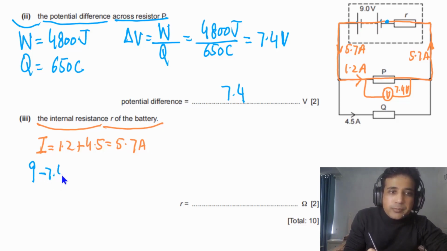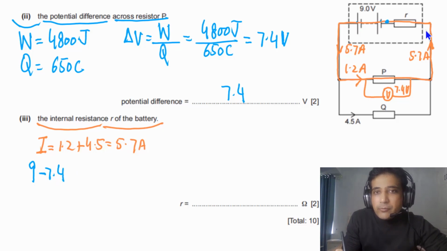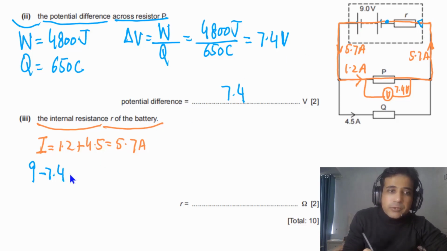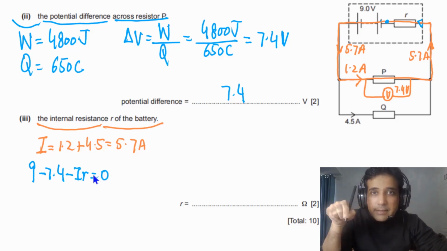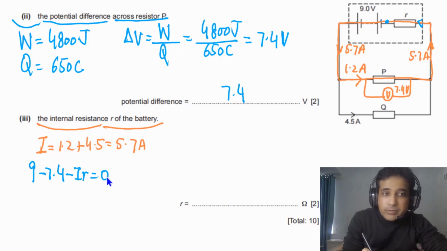So the drop in potential will be 7.4. And now we go in the direction of current, so potential also here will drop. So we simply write this is I times R, and that has to be equal to 0, because according to Kirchhoff's second law, delta V in any loop is equal to 0. That's the reason we have written this is equal to 0.